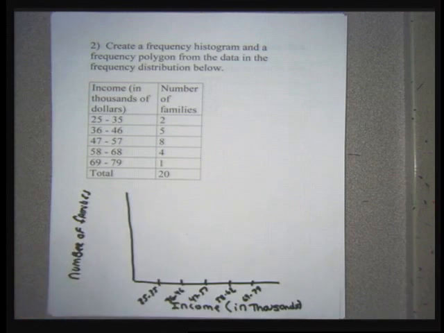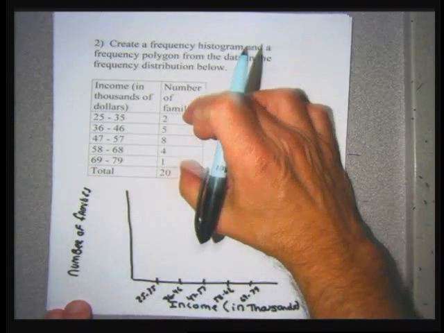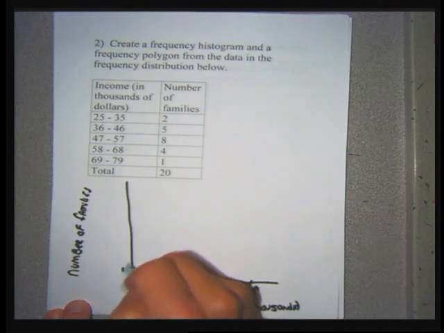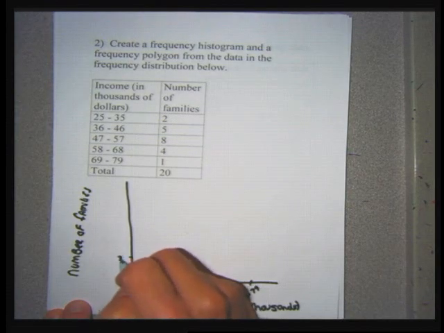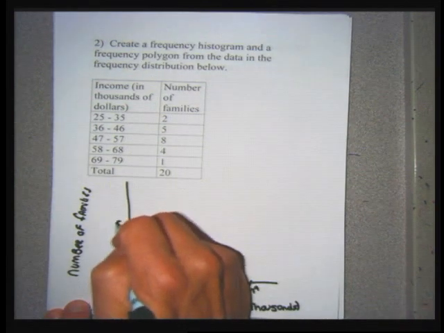And now I'm going to make marks going up through 8 on my y-axis, and I think I can go by 1. Makes it easier to plot if I go by 1, but I can go by 2 as well. If I didn't have enough room to get up to 8, I could increment by 2 on the y-axis. That would be fine.